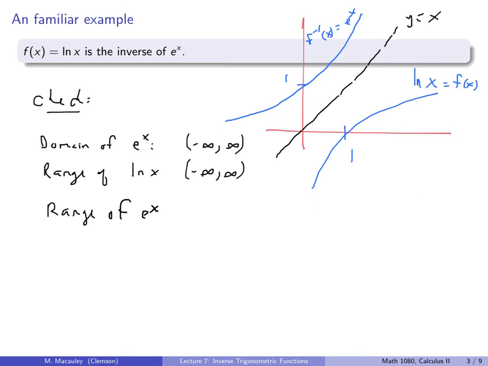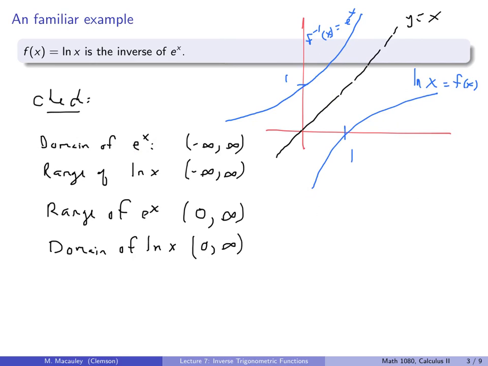So that is 0 to infinity, and the domain of, not e to the x, of natural log of x, that's the input of natural log, that's going to be all positive numbers, so that's going to be the same thing.